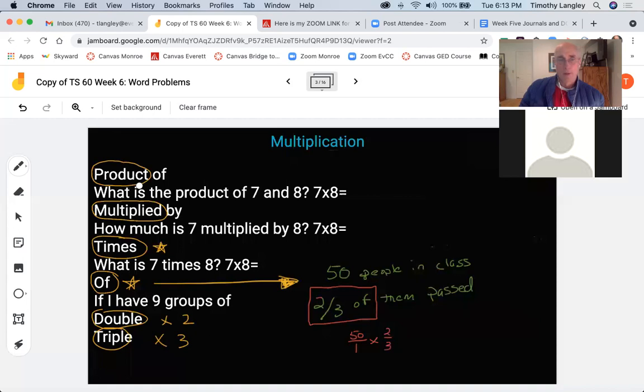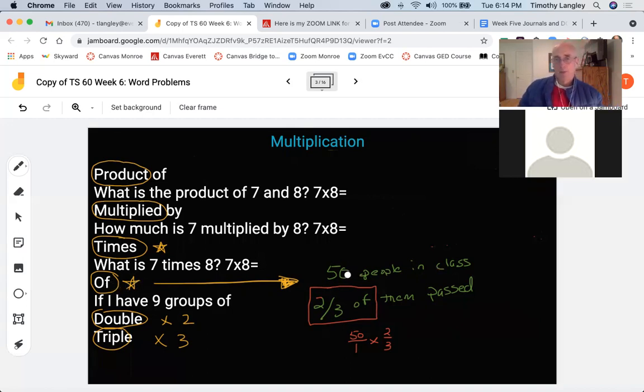What is the product of this or that? Next one I want you to write down is the word of. If you had 2/3 of the 70 pieces, how many do you have? Of in the sentence with a question mark means times, okay?